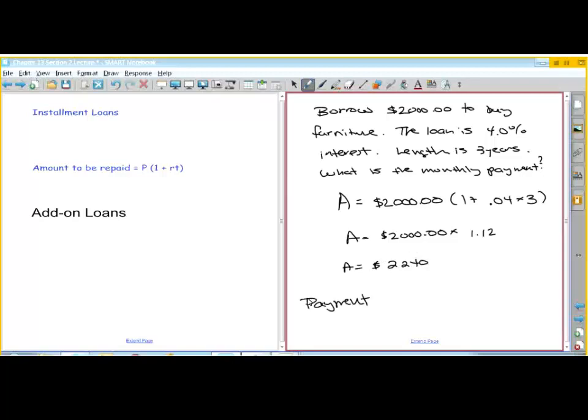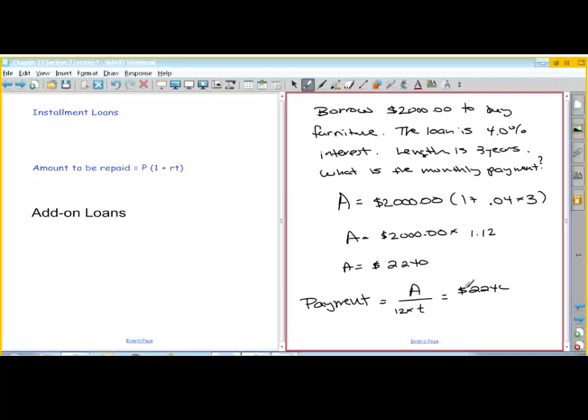Now the way these add-on loan payments would be calculated is you just take the amount that you owe after 3 years and you divide by the number of months. So T is the number of years, and 12 times T would give you the number of months.